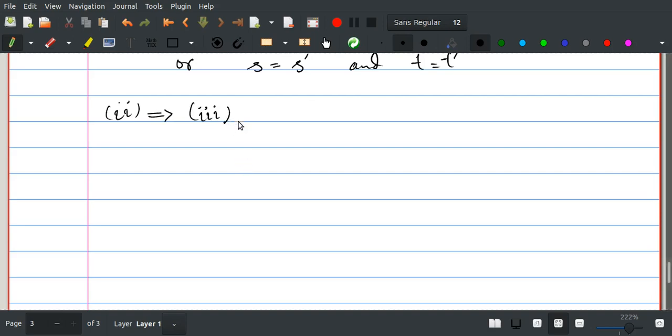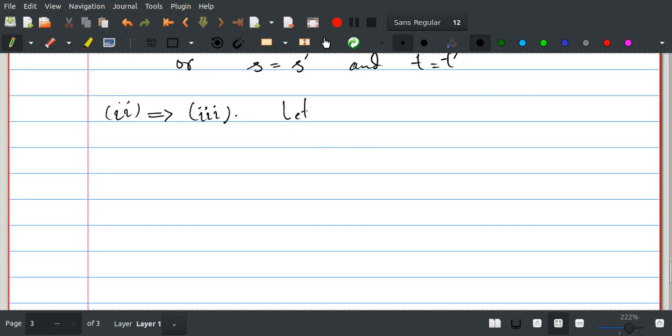Now, we'll assume that each element of G can be uniquely expressed as a sum of an element in S and an element in T, and we'll prove those equations are valid.